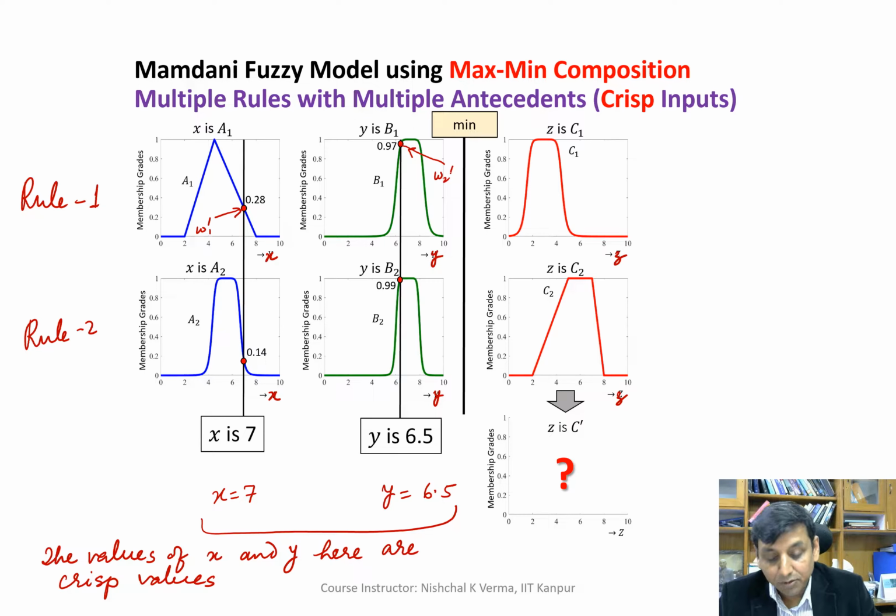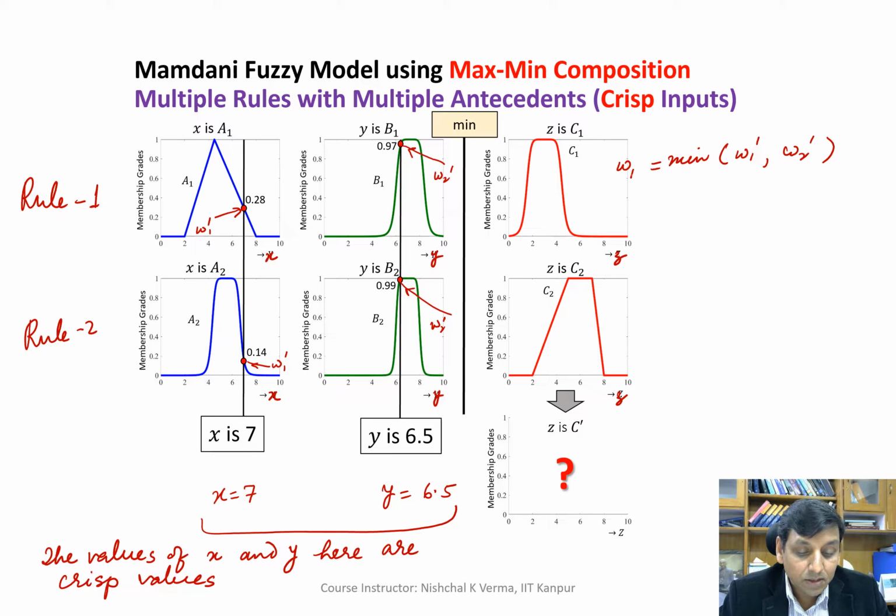And similarly, for rule 2 also we see. So here also we see that we have the intersection W1 dash, and then we have the W2 dash. Now for the first rule, we are taking the max min composition. So we'll take the min of W1 dash and W2 dash, and this is going to give us W1.